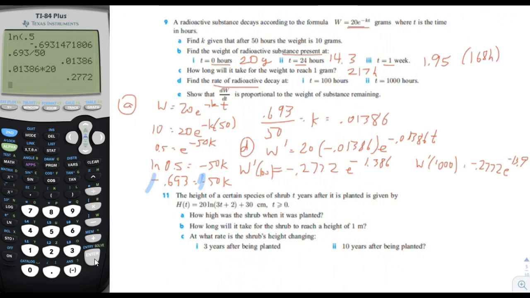So let's see how much these would be. So e to the negative 1.386 times 0.2772.